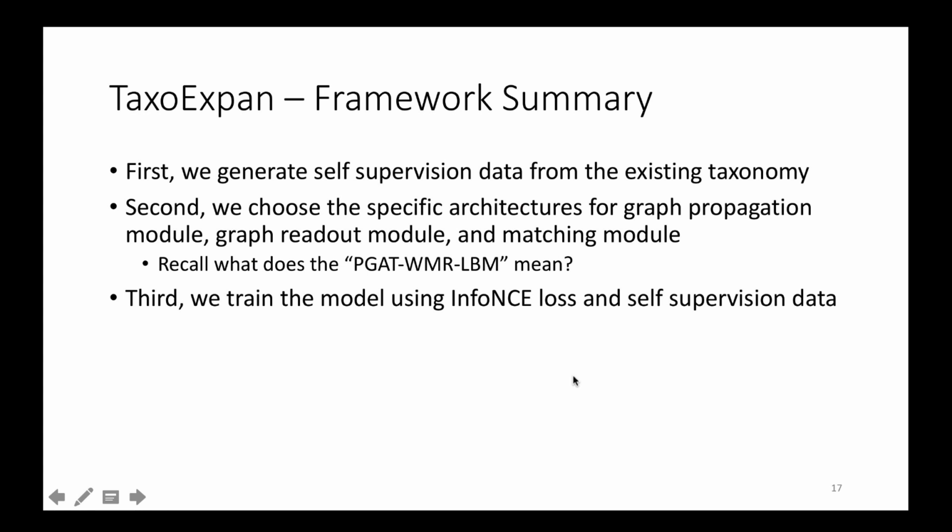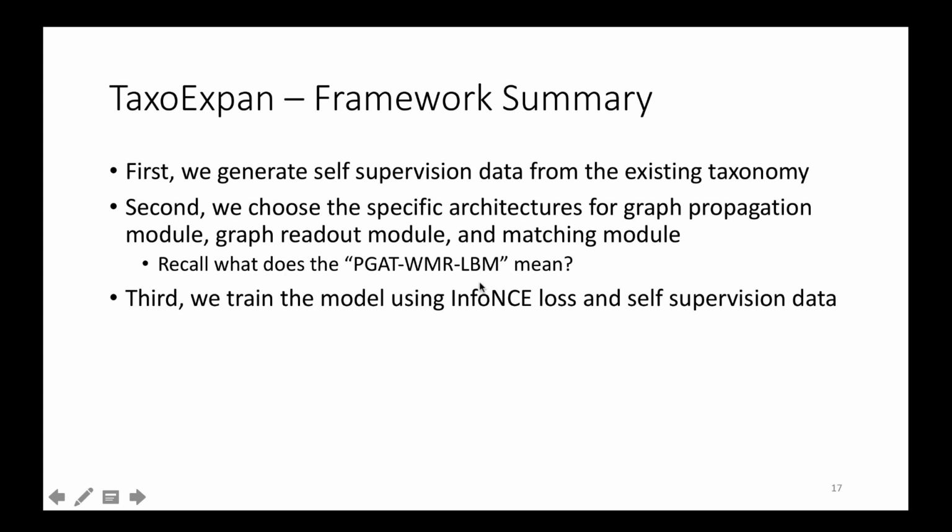To summarize, our TaxoExpan framework did the following three parts. First, we generate the self-supervision data from the existing taxonomy. Second, you choose the specific architectures for three different modules, and you can train the models using InfoNCE loss and the generated self-supervision data. I want to pause here for a second.